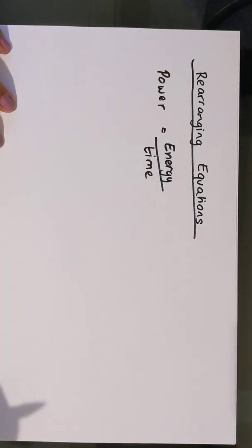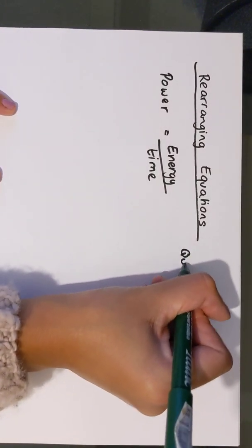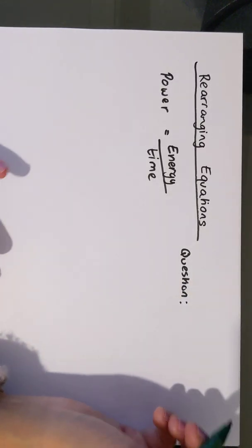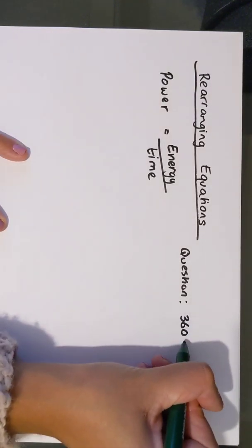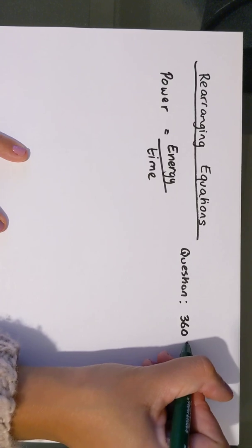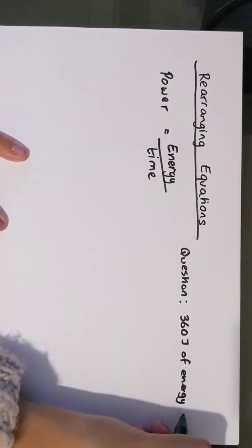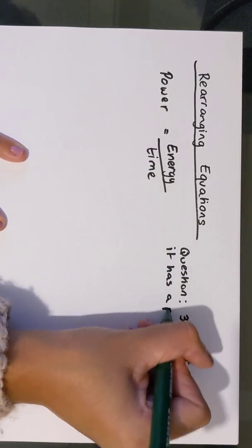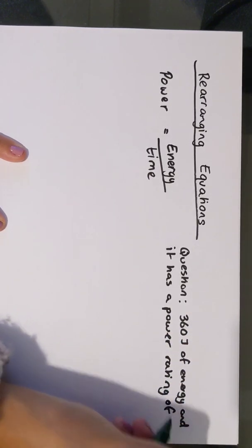Okay, so power equals energy divided by time, and let's say we have an example question that says my light bulb transfers 360 joules of energy and it has a power rating of 60 watts.